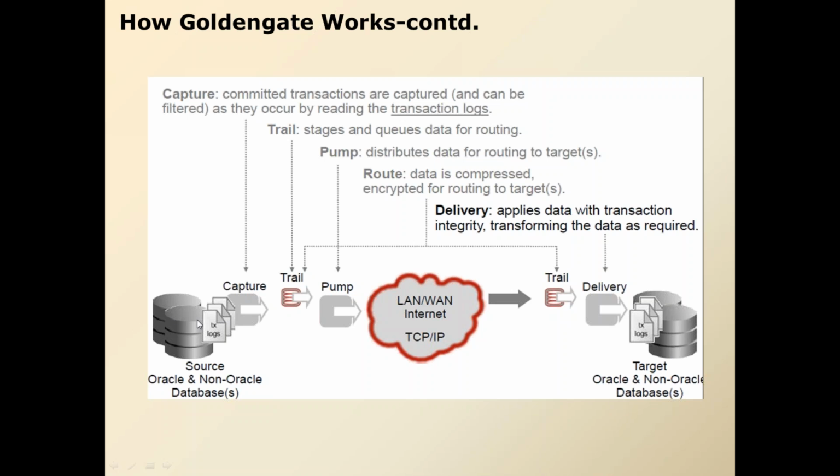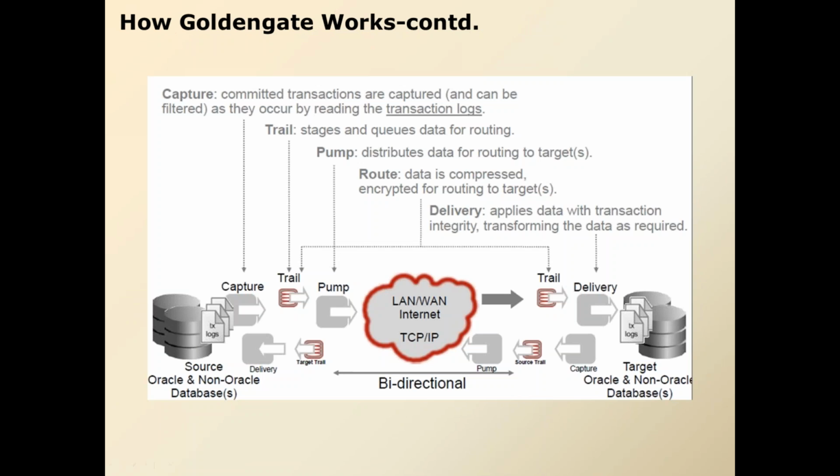The capture process reads the data from the transaction logs of the database where the data is getting stored. Every database has its own transaction log. Once it captures the data, it writes it to the trail file.